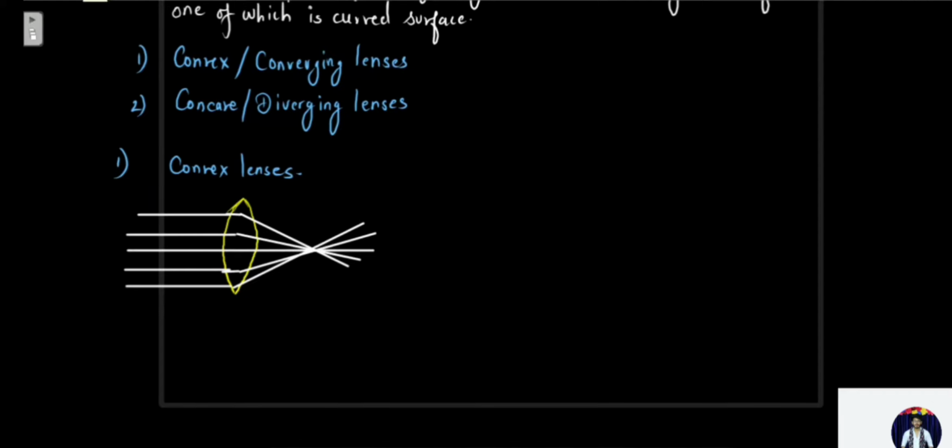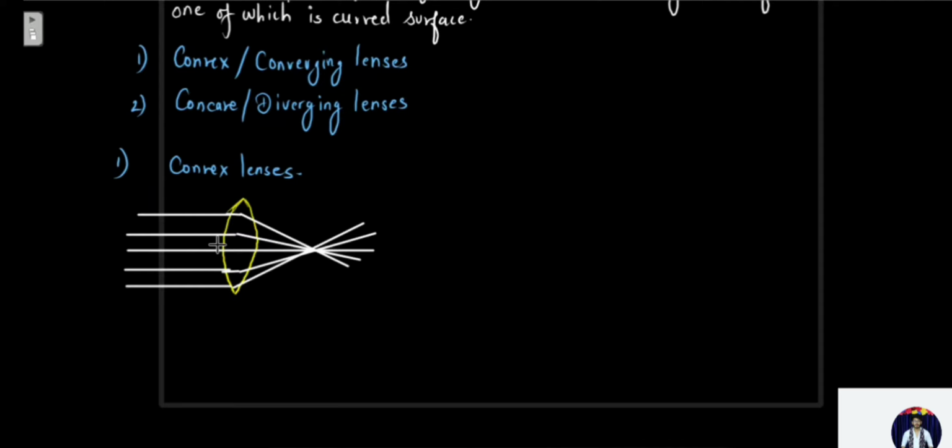Basically this convex or converging lens is going to converge all the parallel beam of light after refraction through it at a single point. So this lens has a real focus. A convex lens is going to have a real focus.